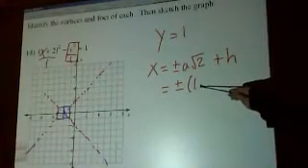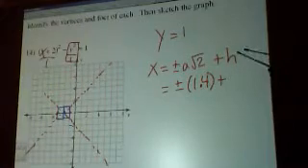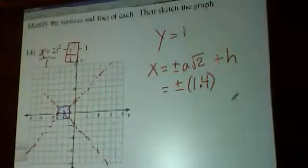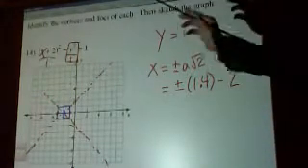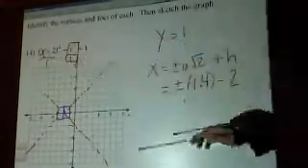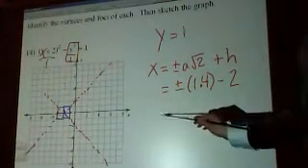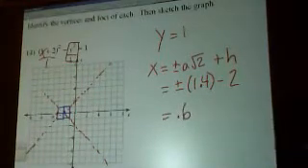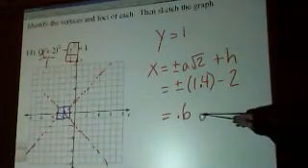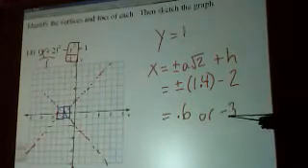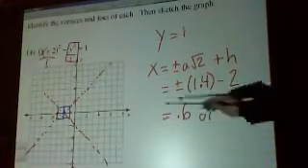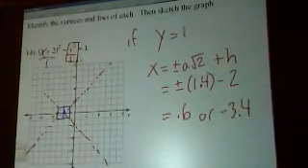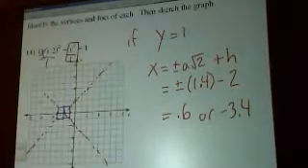So we have plus or minus root 2, which we're going to write as 1.4, plus h, and in this case, h is going to be minus 2. Don't forget to change the sign of h, okay? So we got the plus 2, and then h means you change the sign to negative 2. So now we got 1.4 minus 2, we're going to get negative 0.6, and then negative 1.4 minus 2 is negative 3.4, okay? So I see if y equals 1, then x has to be negative 0.6 or negative 3.4.